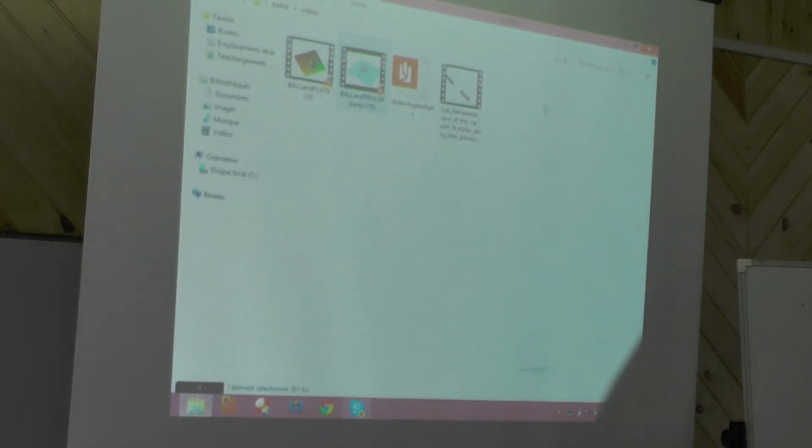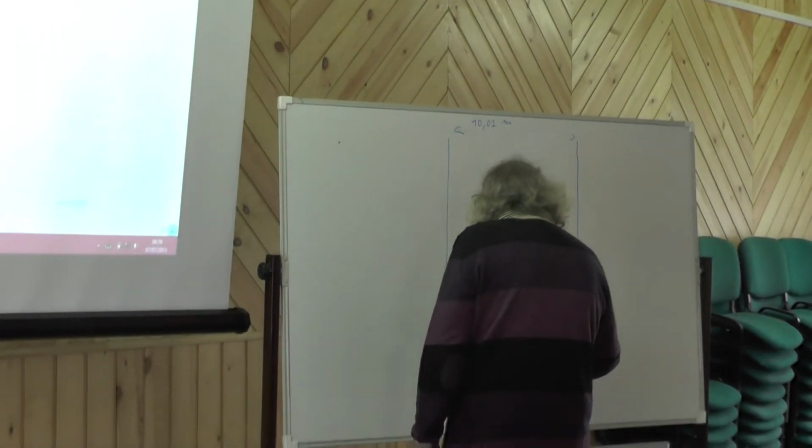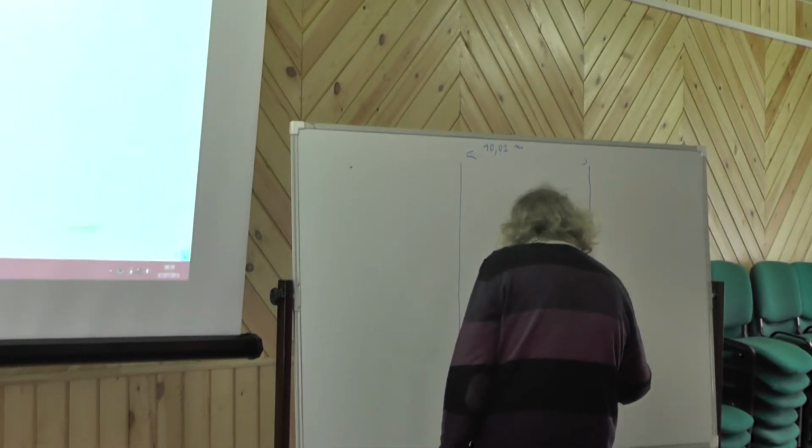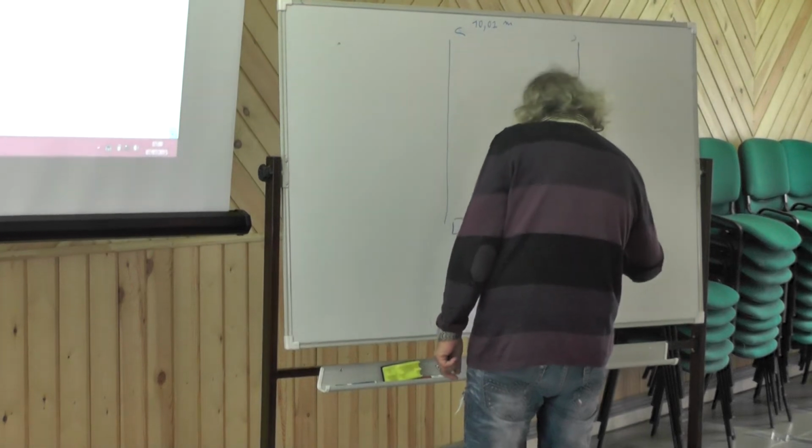And to finish, my last example is the very interesting following problem, the parking problem. You have two walls, 10 meters, 10 meters, 1 centimeter. This large, and you have a car with 4 trailers.